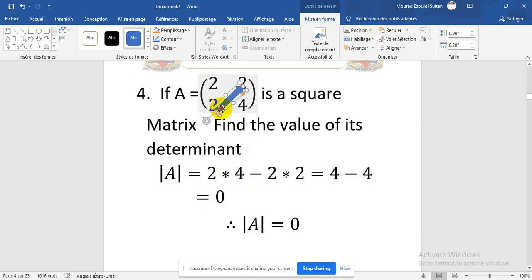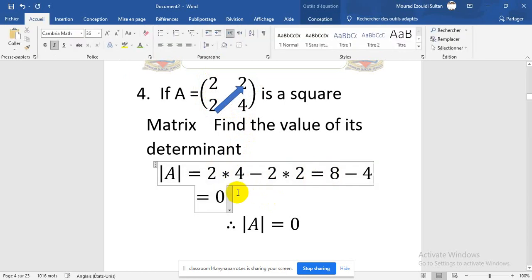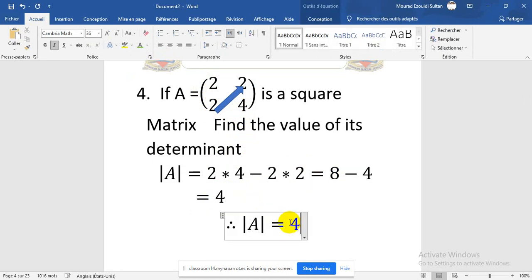Clear? So 2 by 4 is 8, and 8 minus 4 gives 4. So the value of the determinant here is 4.